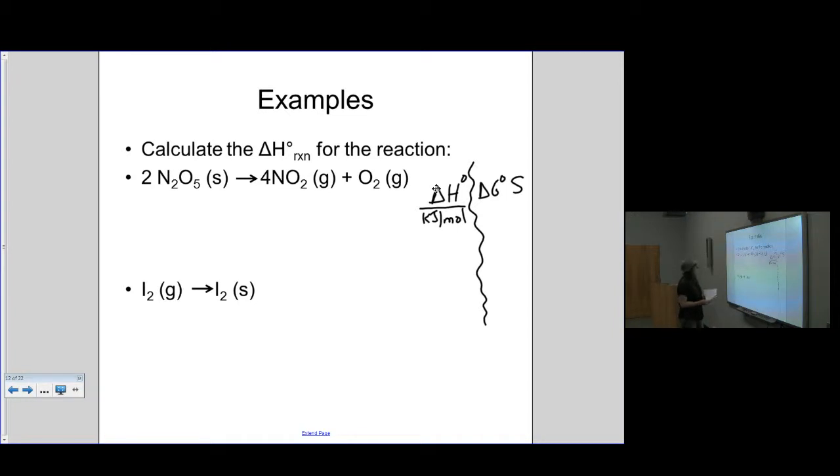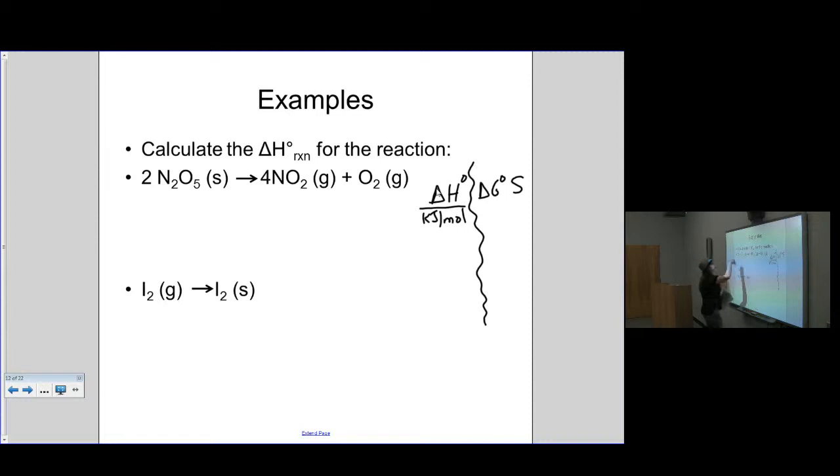Okay, so now we've got this reaction where we're going to take, and I wish I could make you say this, but I'll say it, dinitrogen pentoxide, 2 of them, and form some nitrogen dioxide and some oxygen gas. And we're going to figure out how much heat would be released from this.